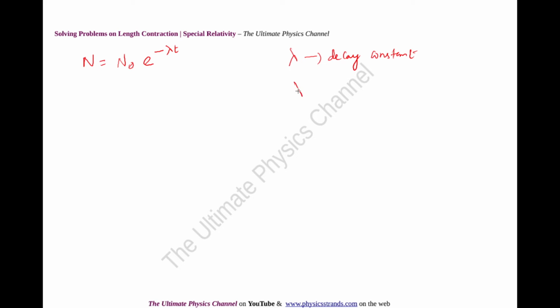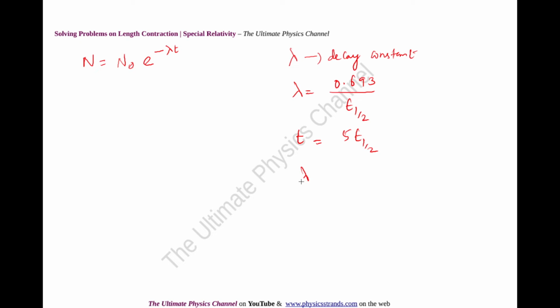And lambda is given by 0.693 over the half-life, and the time here is the total time, that is 5 half-lives, 5 t half.